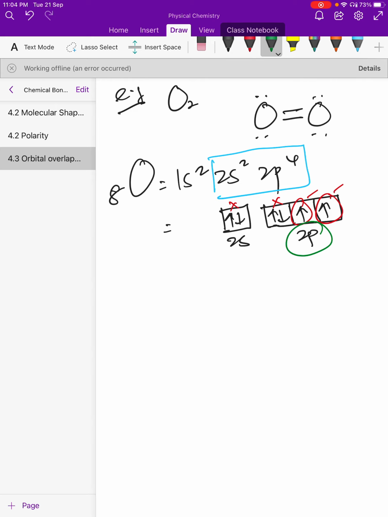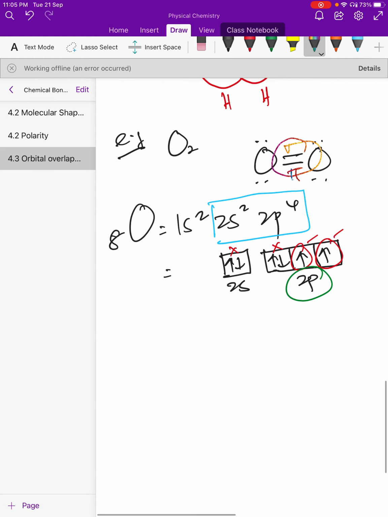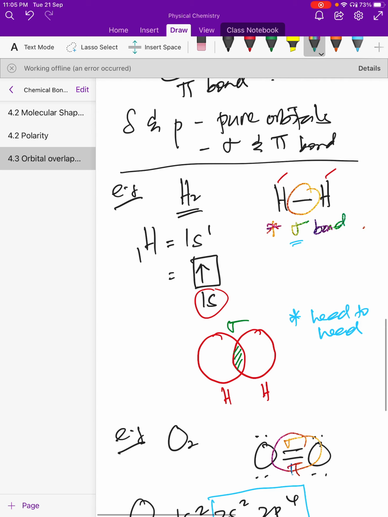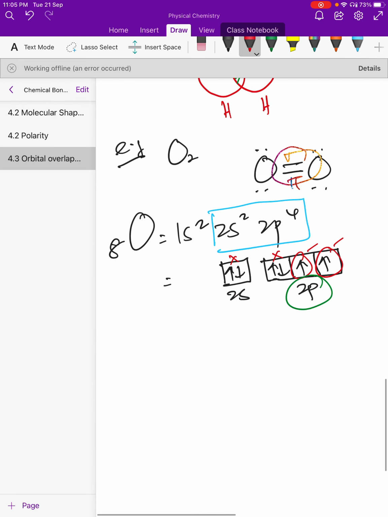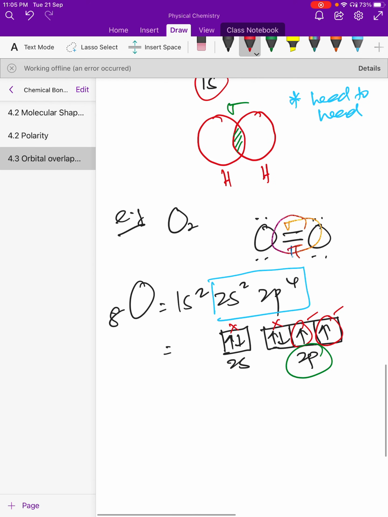Another important thing to take note of, a double bond represents one sigma bond and one pi bond, totally opposite to a single covalent bond. A single covalent bond is just sigma only. However, for a double covalent bond, there is a sigma and there is a pi.